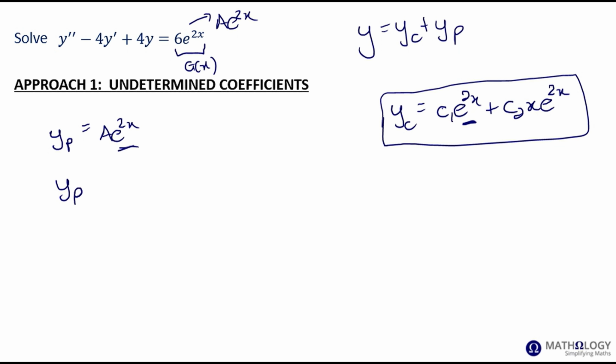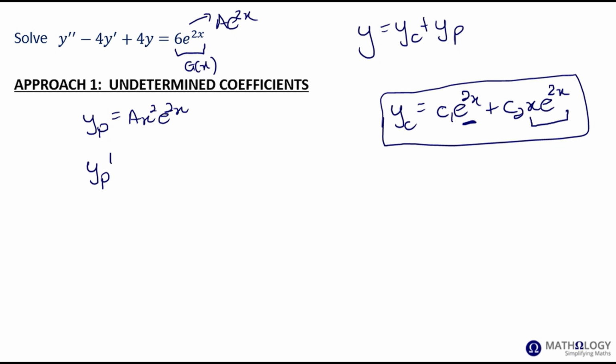We also cannot use ax e to the 2x because x e to the 2x also appears in our complementary solution. So now we are going to try and assume a particular solution of the form ax squared e to the 2x. So the particular solution form will be ax squared e to the 2x.